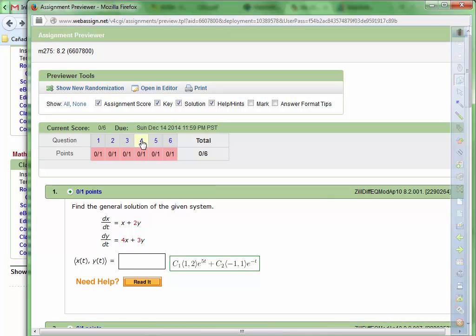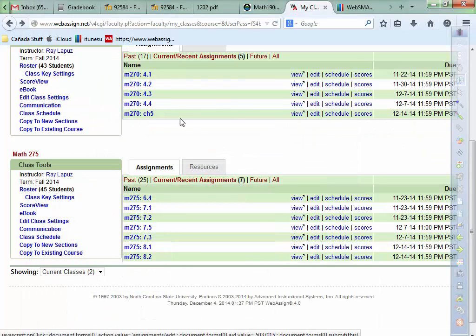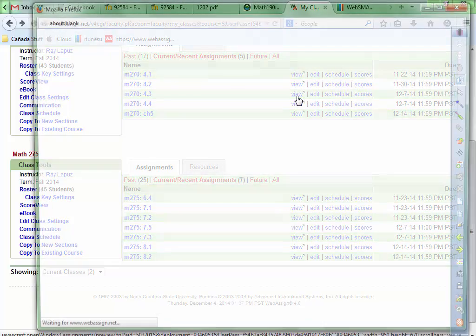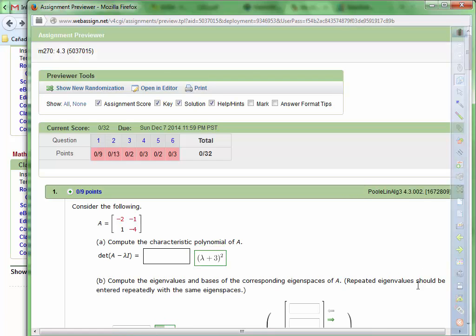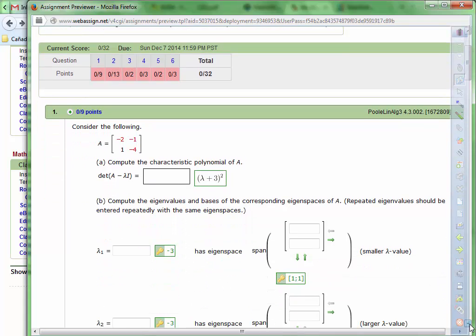I hear they're actually solving for these things now. Maybe we'll take a linear algebra problem. What section's eigenvectors? 4.3. All right, let's take this one.